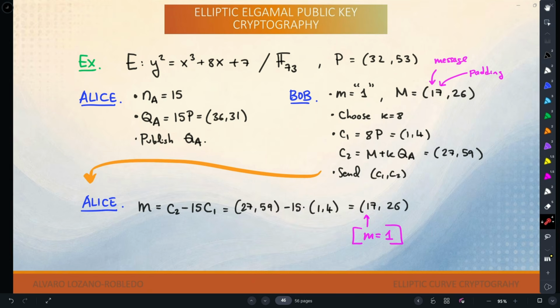Yes? So it's possible that you might need to add more than 1 digit for padding, right? Yeah, for sure. In here, I think you could do the computation of how many x coordinates are actually x coordinates of points on an elliptic curve.